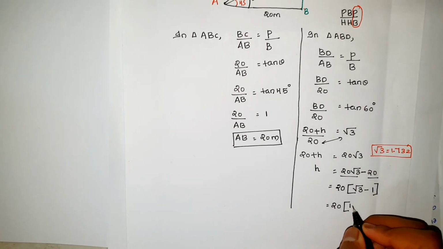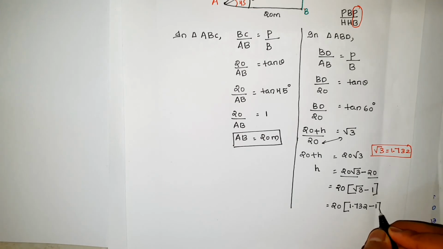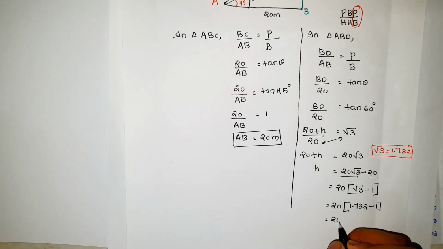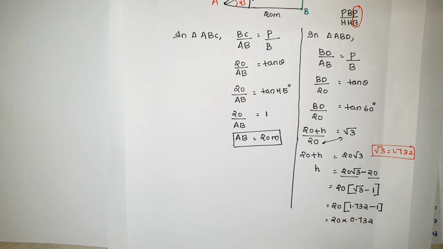So 1.732 minus 1. Okay, so that is equal to 20 into 1.732 minus 1, which is 0.732. Okay, so if we multiply this, we get the answer as 14.64 meter.